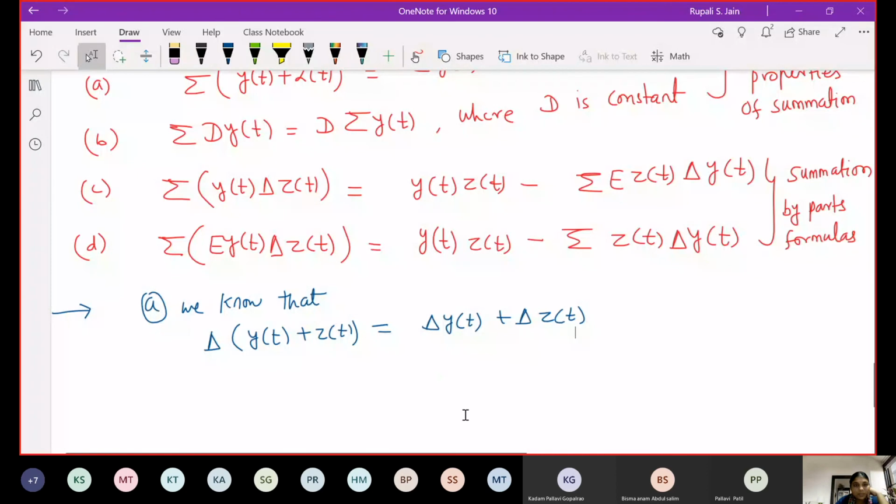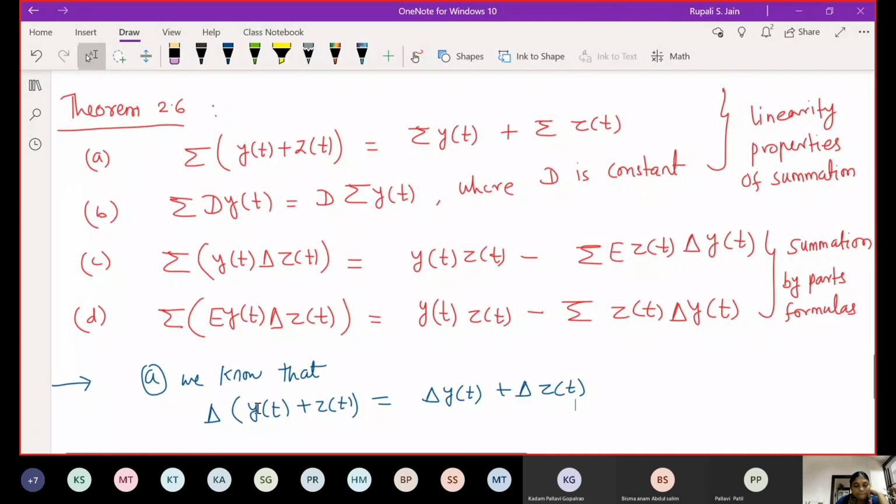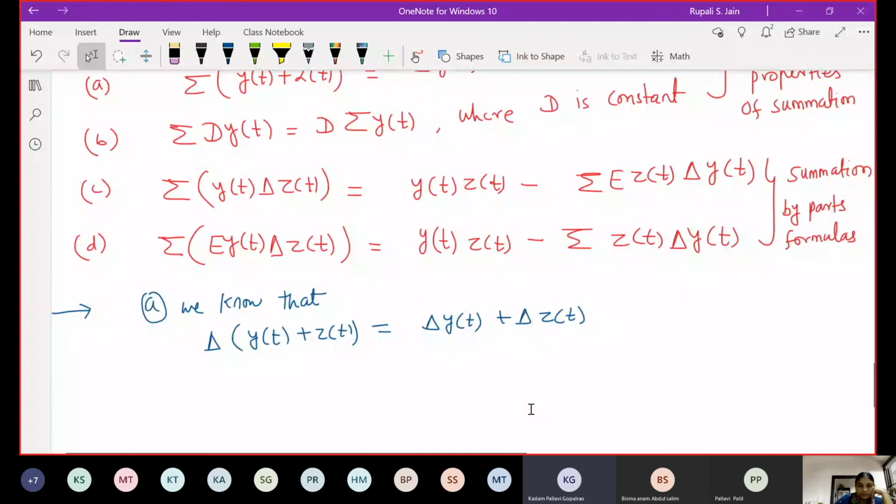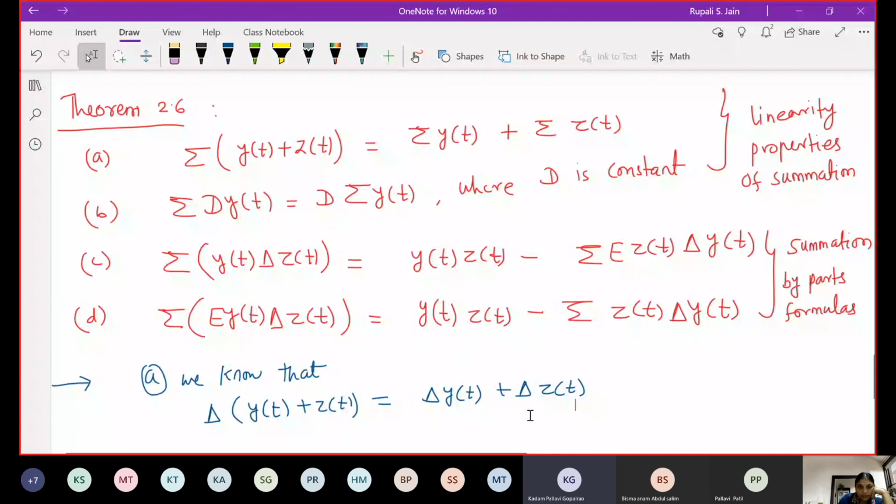If I apply summation on both sides, what will happen? Consider the LHS.